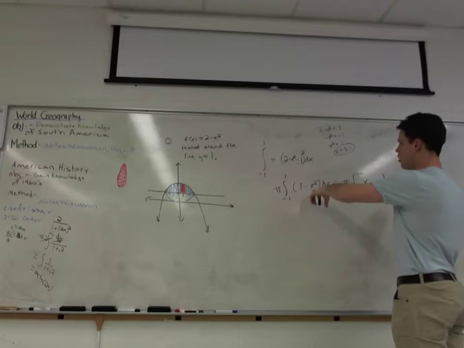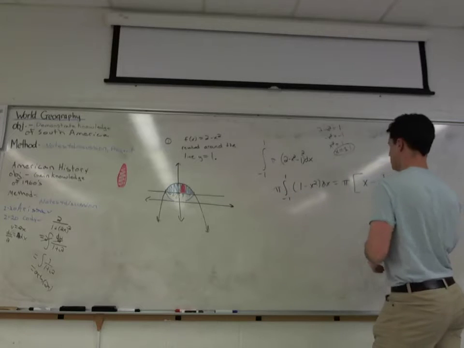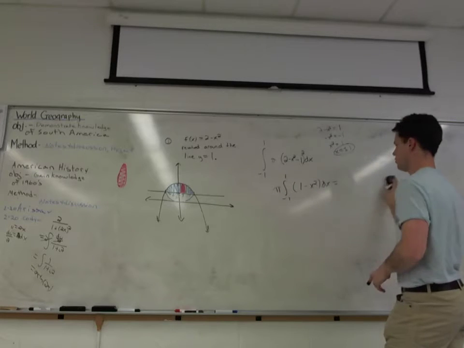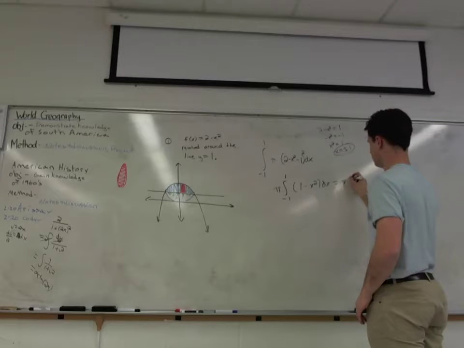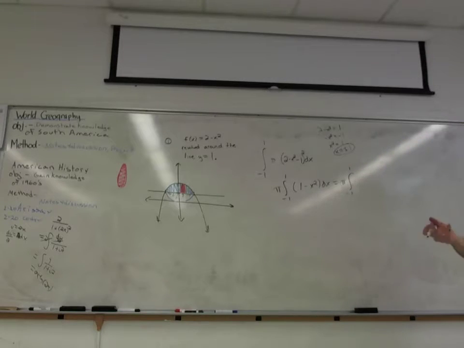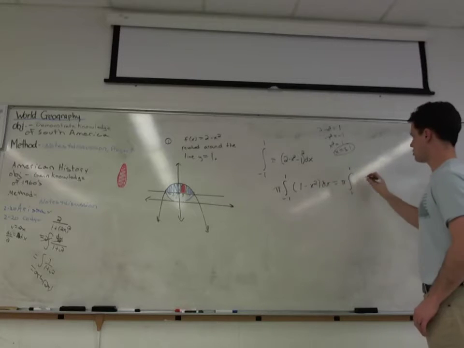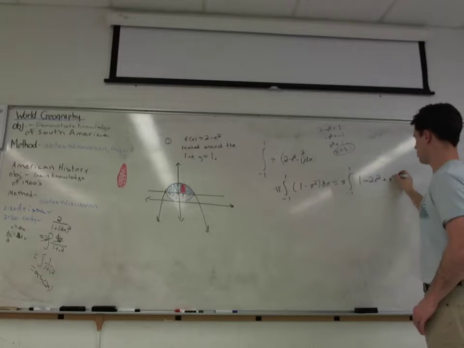I think squaring it and getting the pieces would be easier for integrating. Otherwise, we'd have to have a u substitution, and there's no 2x out there, so I don't think that's going to work. So let's square it out. You get 1 minus 2x squared plus x to the fourth.